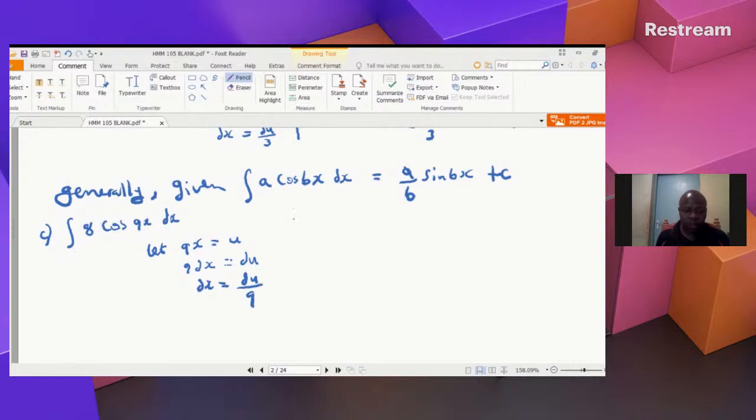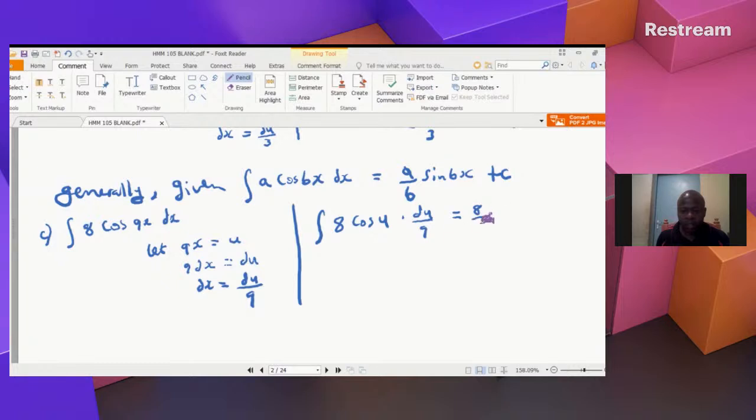We then come to our integral and substitute. So we have 8 cos of u, because we call 9x u, and for dx we write du out of 9. The next thing we did was to take the constants outside.